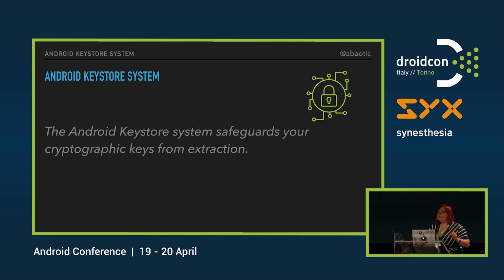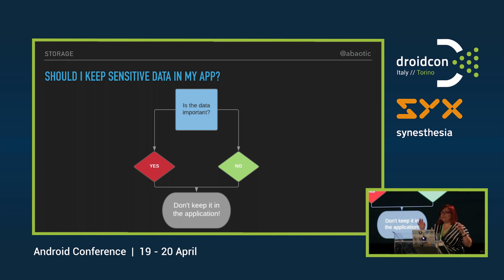But before you add anything to your application, a simple UML diagram helps you decide whether or not you should keep anything in your application. If it's super important and critical, if at all possible, don't keep it in your application. If it's not important, then why are you adding it to your application? It does not need to be there.